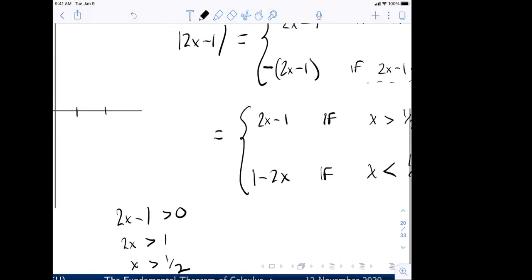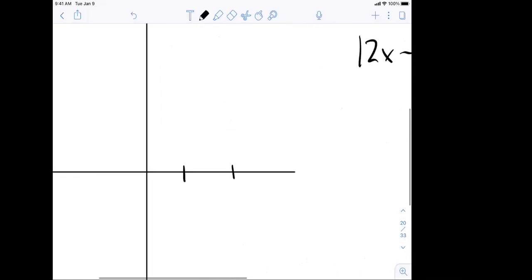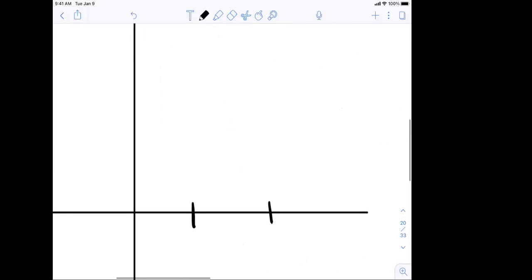So if I come over and graph this, I'll start with the x less than 1/2. So I'm graphing this between x equals 0 and x equals 2. When x is 0, I'm just getting 1.